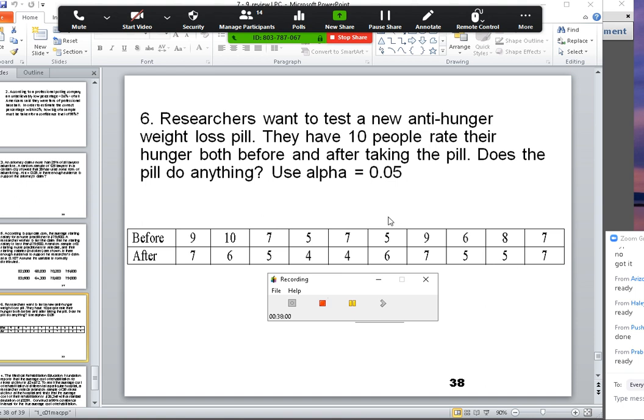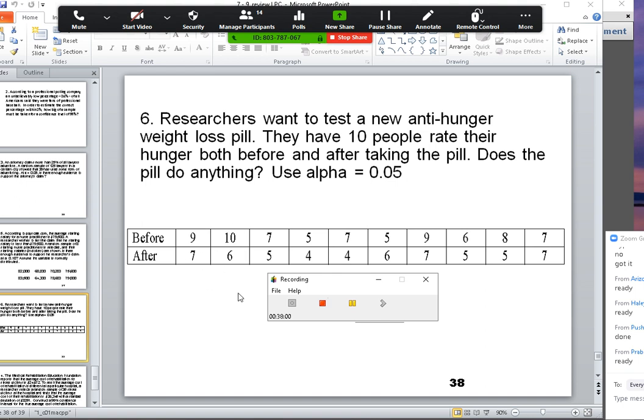And how many samples are there? There's 10 people. The sample size is 10. How many times did I sample people? Twice. I took the same 10 people before, and the same people after. So these are connected: the same person before and after.